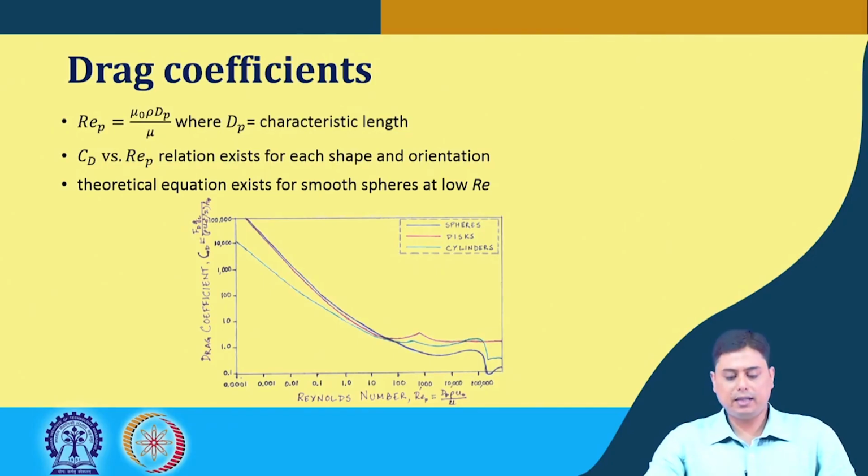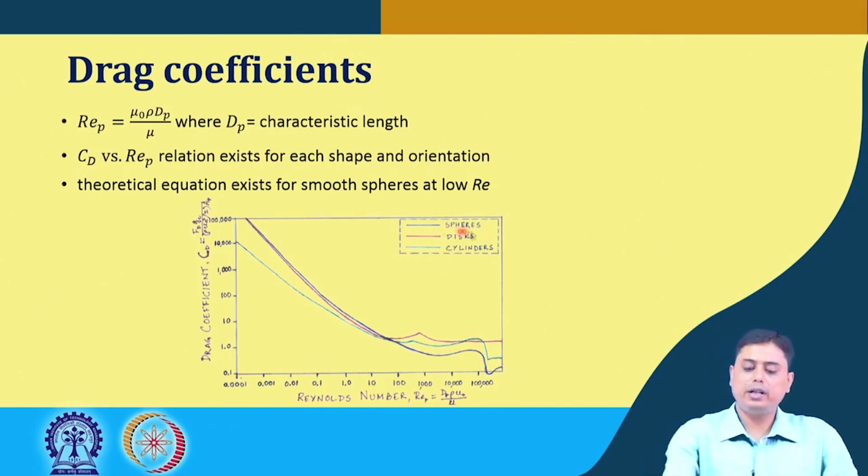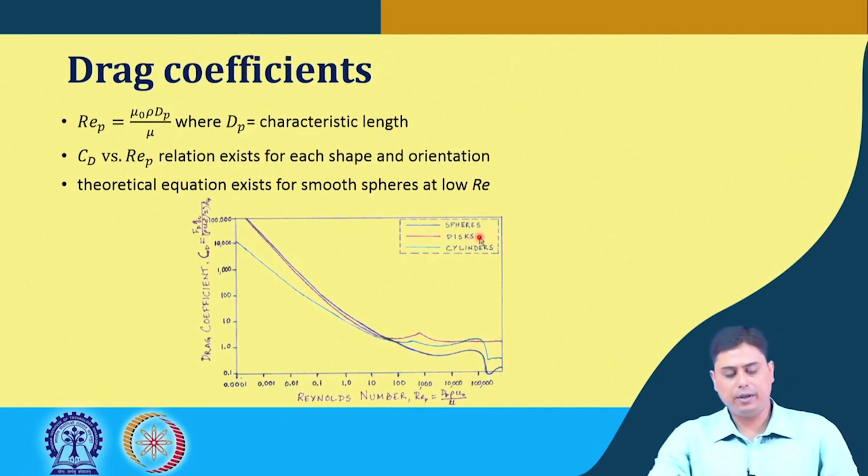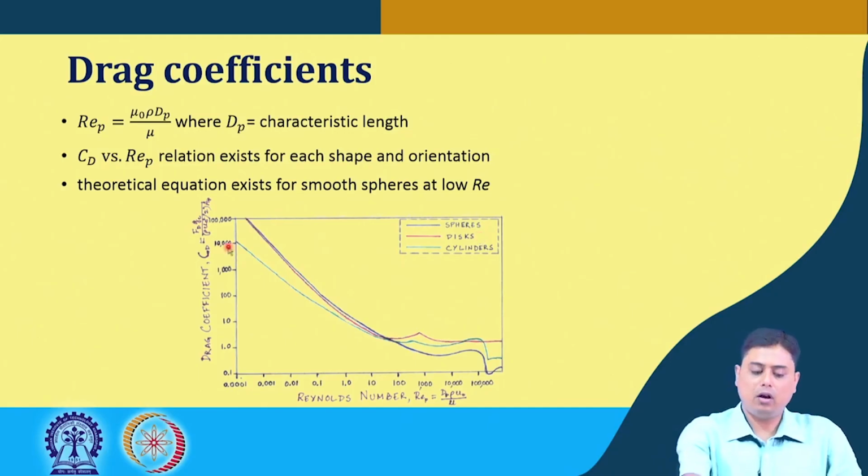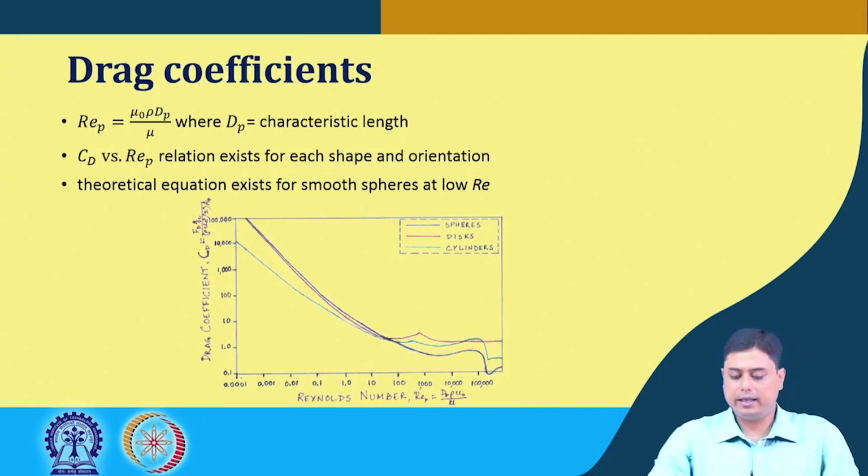Now this CD, the drag coefficient, and the particle Reynolds number will have several relations for different shapes and orientations. So for example, for a particular orientation of a sphere, a cylinder and a disc in a fluid, this kind of relation between the drag coefficient and the Reynolds number exists. These are plotted in logarithmic axes.